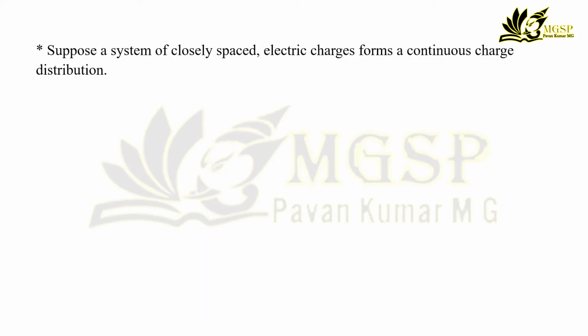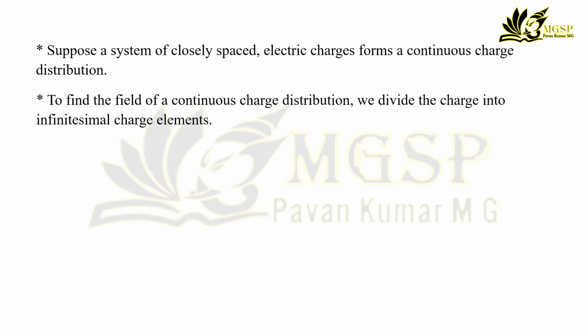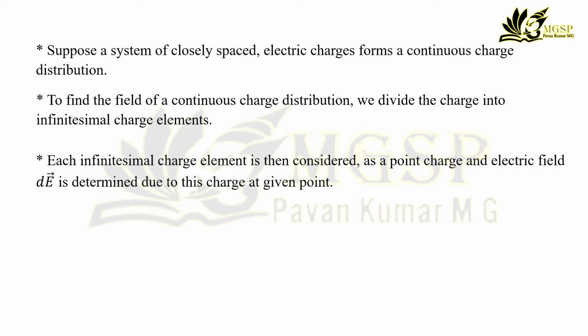Suppose a system of closely spaced electric charges forms a continuous charge distribution. To find the electric field of a continuous charge distribution, we divide the charge into infinitesimally small charges, which means we segment the charge into small amounts so that we can find the electric field. Each infinitesimal charge element is then considered as a point charge, and the electric field dE is determined due to this charge at the given point.